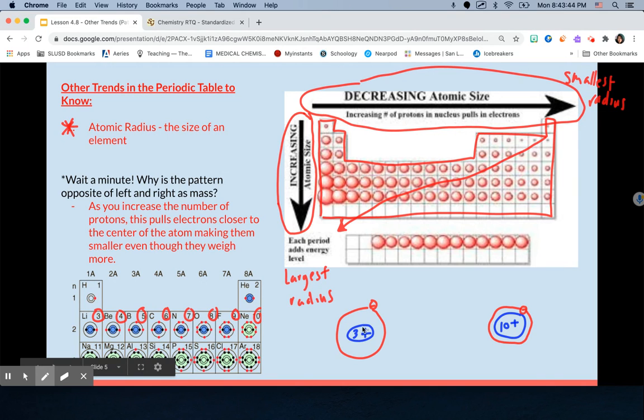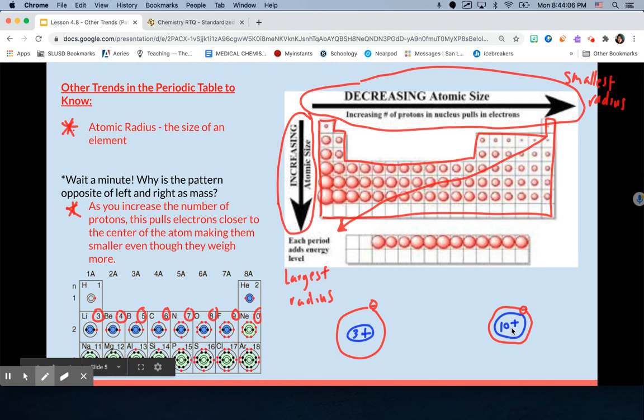And because this positive charge for the protons is weaker, it can't pull in those outer electrons as well, making them slightly wider, right? To note this, as we increase the number of protons, we're pulling the electrons closer to the center, right?